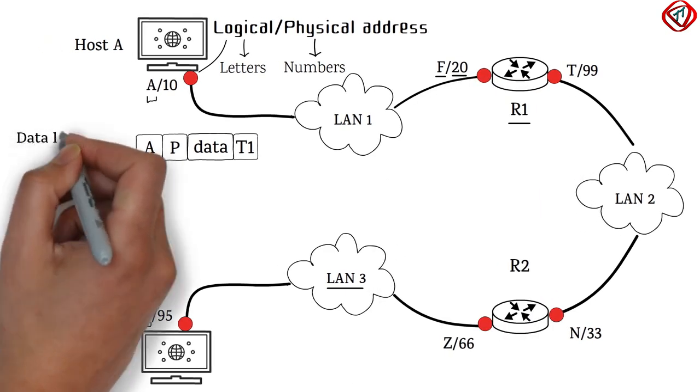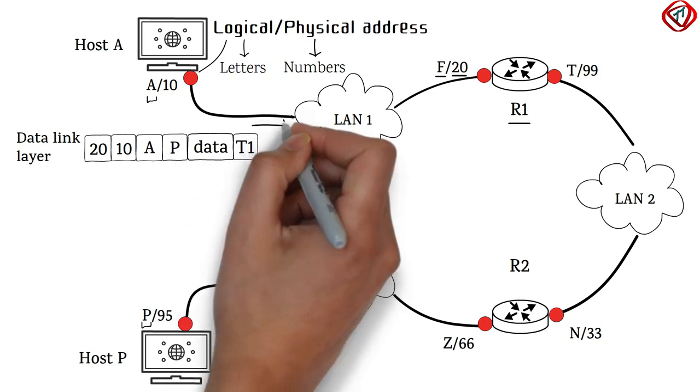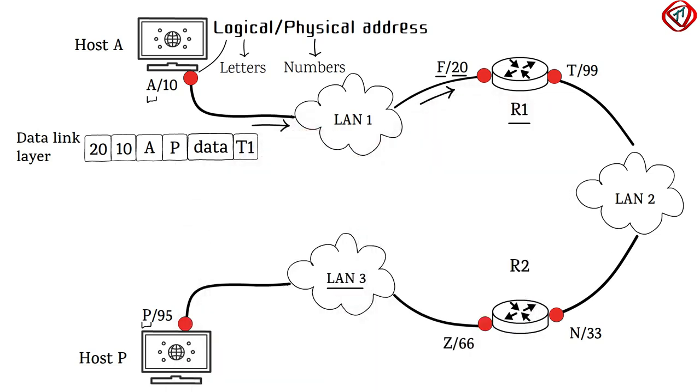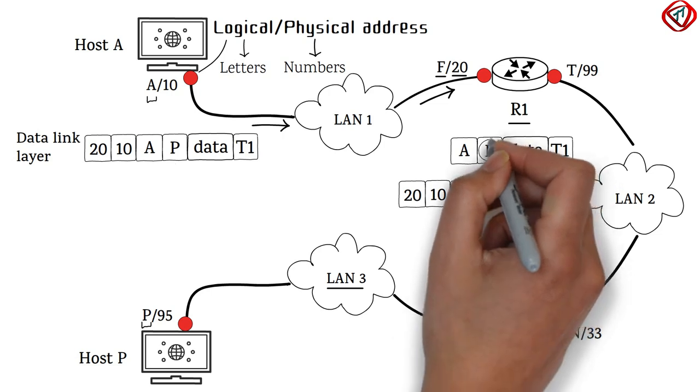Now, the network layer passes this address to the data link layer, which encapsulates the packet with destination physical address 20 and the source physical address 10 to form a frame. All devices in LAN 1 receive the frame, but only router 1 accepts it. Others drop it.